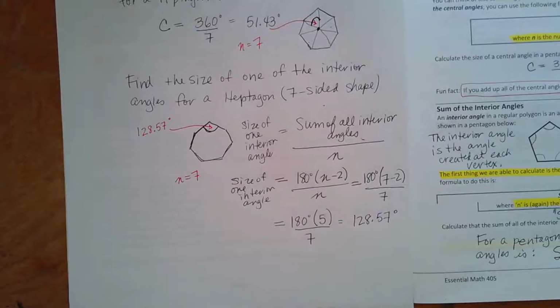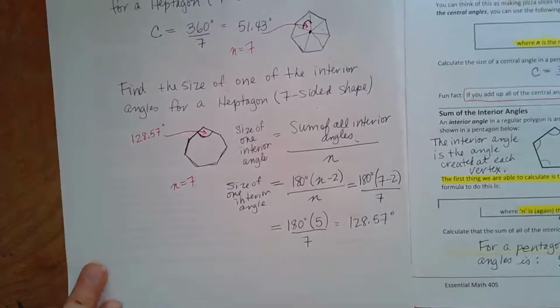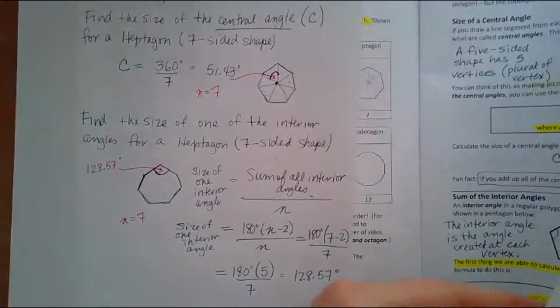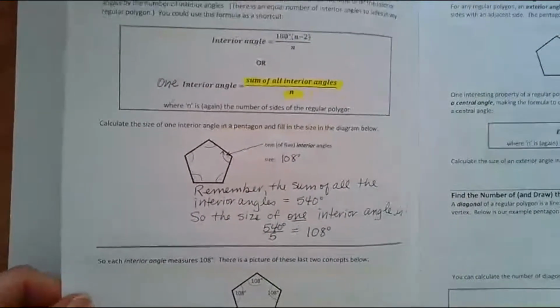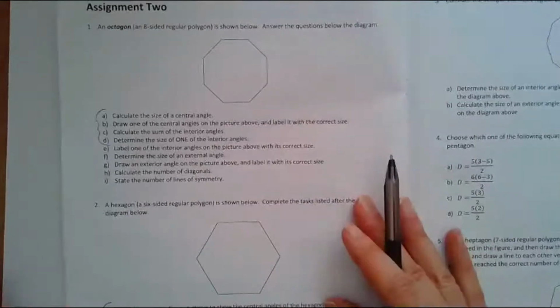So let me know if you have any questions, and I'll tell you what I'm going to assign today. I'm going to take assignment 2, and I'm going to break it up a bit. So all I'm going to assign for homework right now is, and if you want to work ahead, by all means work ahead, but I'm taking this very slow, and I'm giving people chances to catch up on old homework too, because I know there's a lot of people who are just trying to get through old homework.